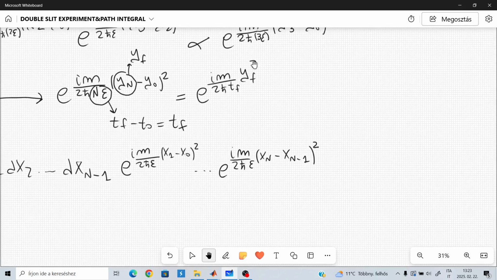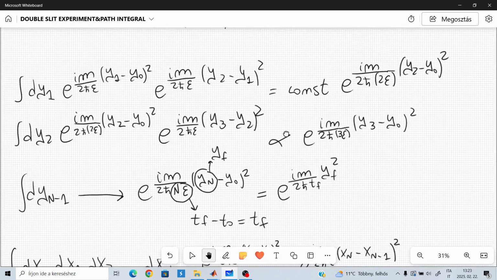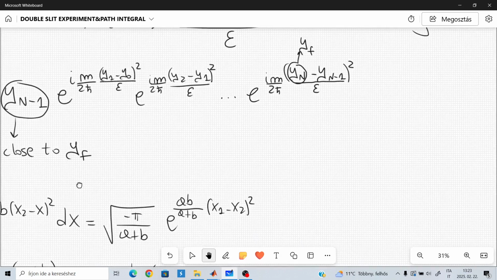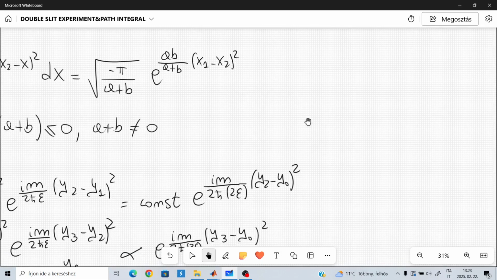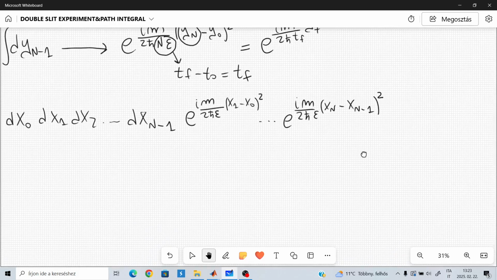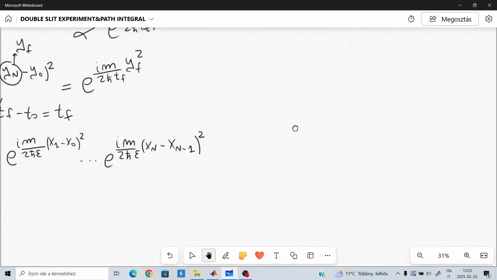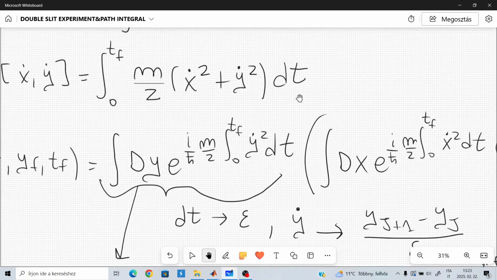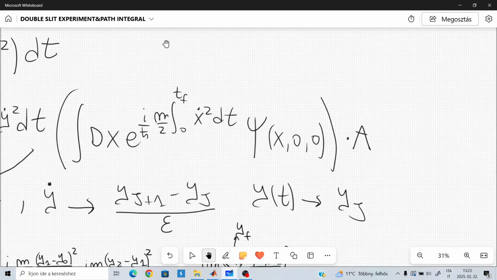And so this is very similar to the one that we wrote for y, which is here. But remember that now we have an additional function. So the function that we have here is psi of x0, 0. We called it psi of x0, 0.